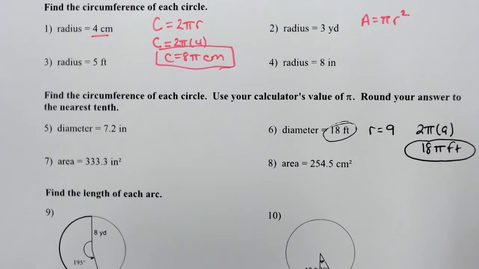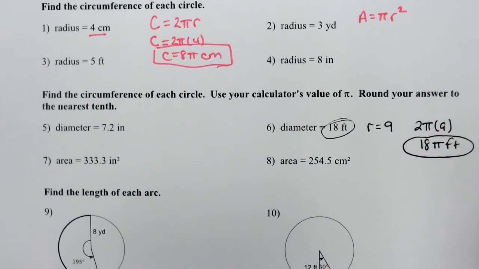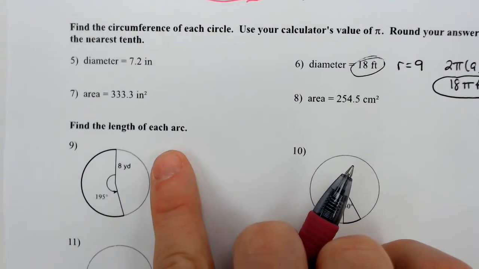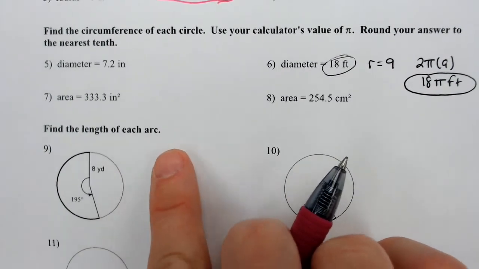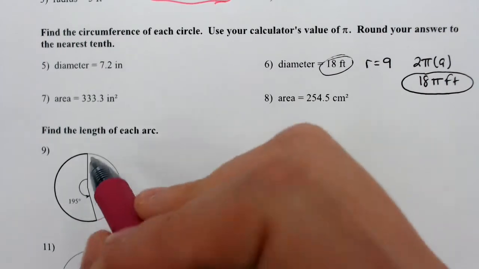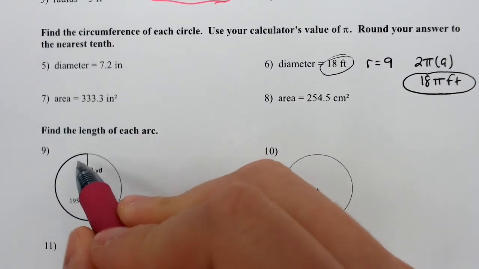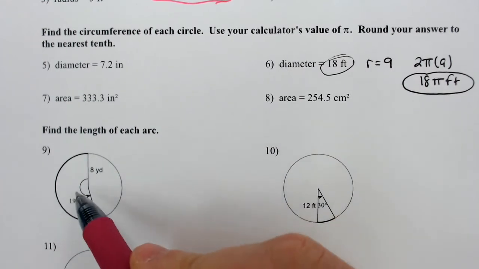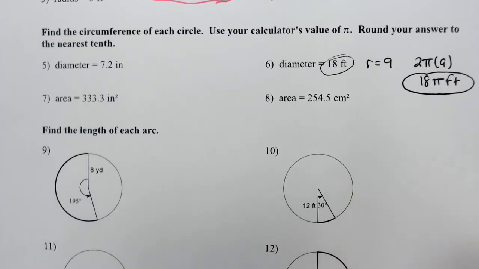What we're going to be doing now is, instead of finding the entire circumference, finding the length of an arc. The length of an arc is not the whole way around the circle, but part of it. And that part is going to be indicated by either 30 degrees or 195 degrees or something like that.